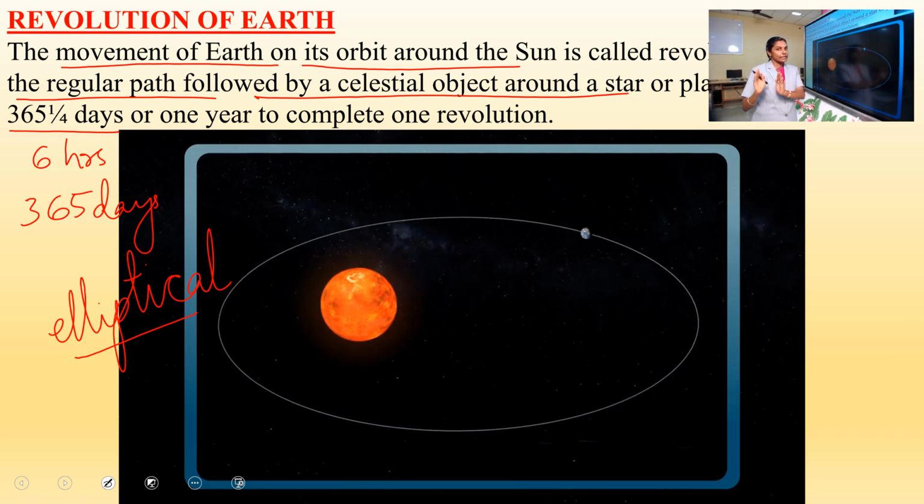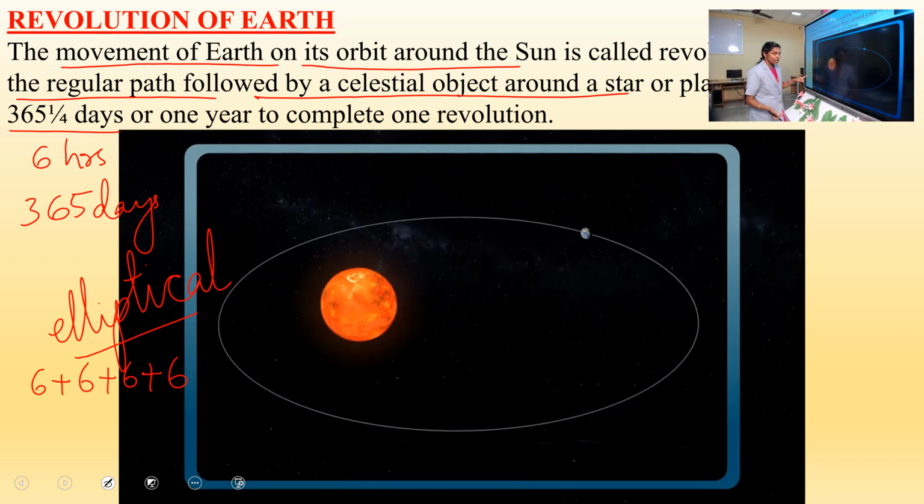So we will keep it aside. Every 4th year, this 6 hours will be added together. So 4 years, 6 plus 6 plus 6 plus 6. So every 4th year, this will be included.